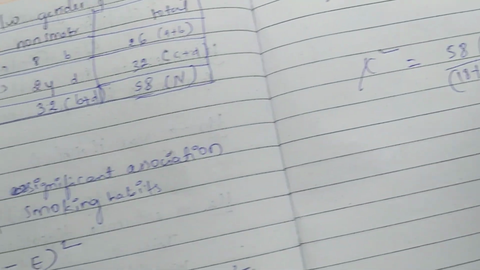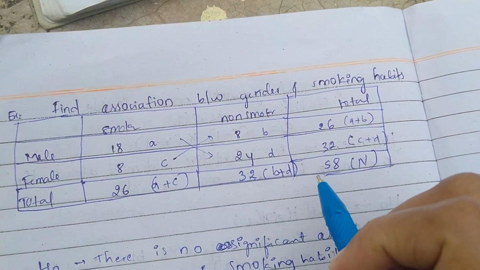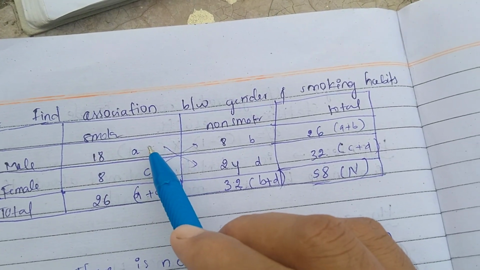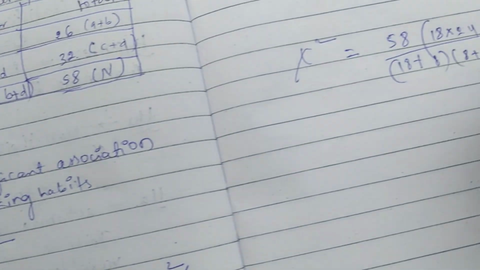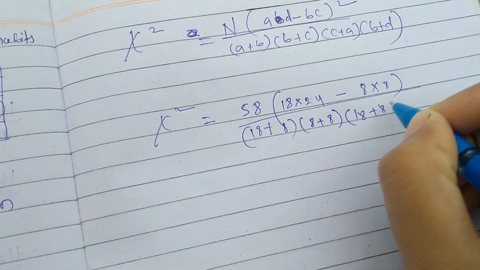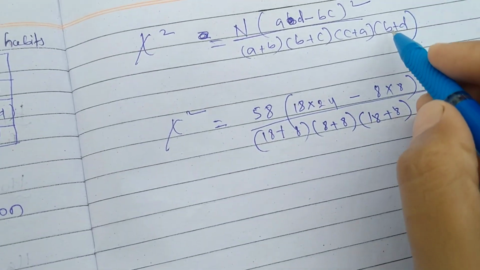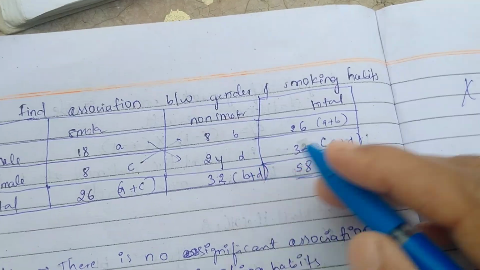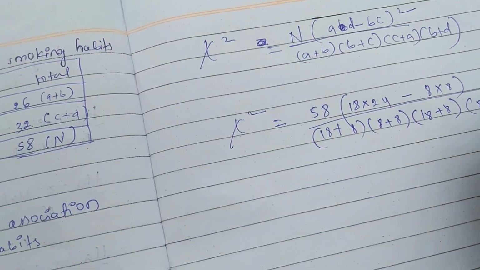And the next value we have is C plus A, which is nothing but 18 plus 8. And similarly we have B plus D, 8 plus 24.